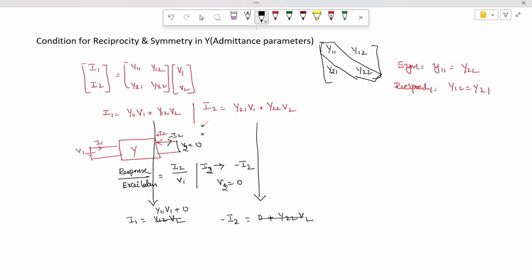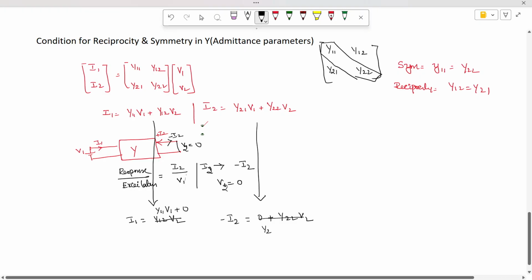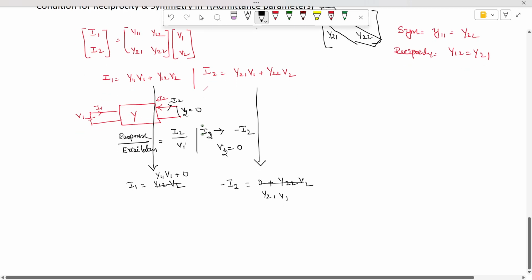So we are going to get here y21 v1. We require the ratio of I2 by v1. Here itself the ratio is there. This is minus I2 by v1 is equal to y21. So we have found the response to the excitation as this value. So we got the value of y21.